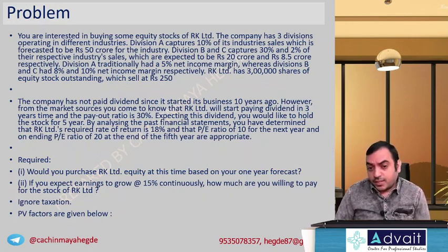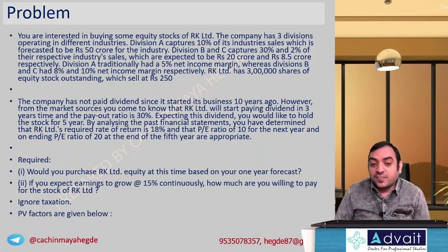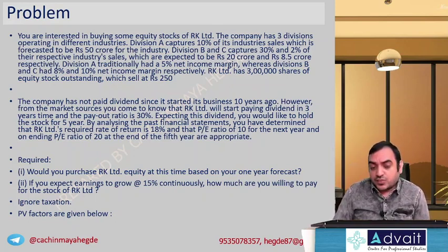Division A captures 10% of its industry sales, which is forecasted to be 50 crore for the industry. Division B and C capture 30% and 2% of the respective industry sales, which are expected to be 20 crore and 8.5 crore respectively. Division A traditionally had a 5% net margin, whereas Division B and C had 8% and 10% margin respectively.